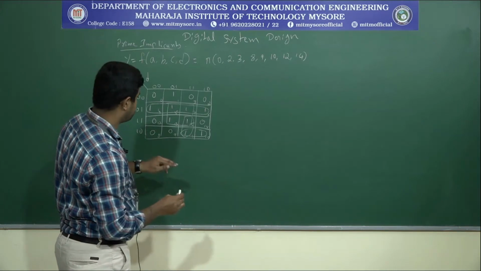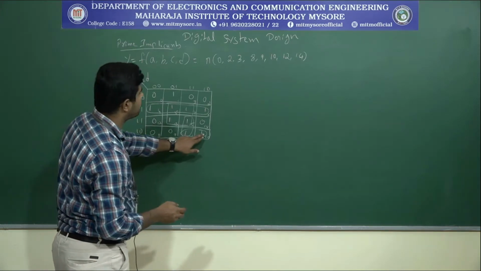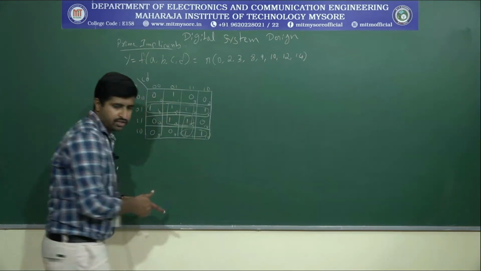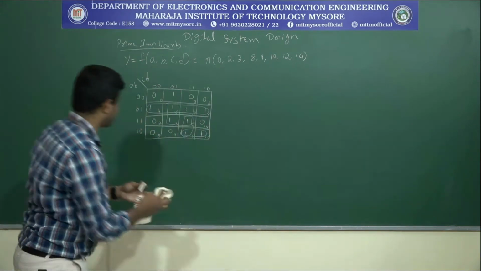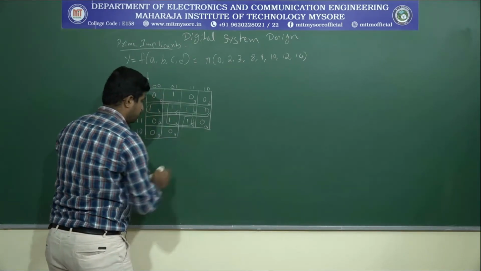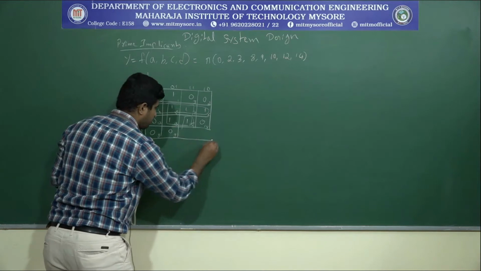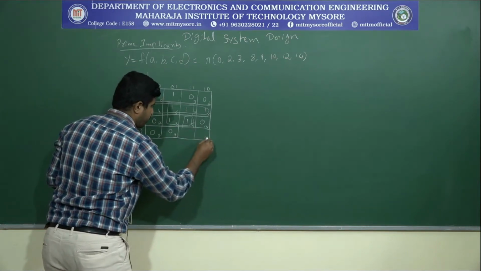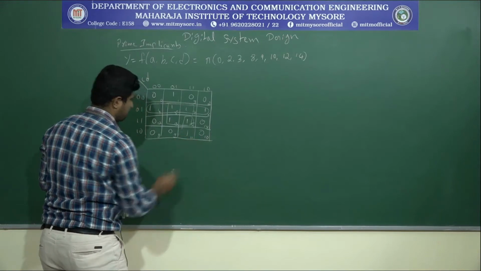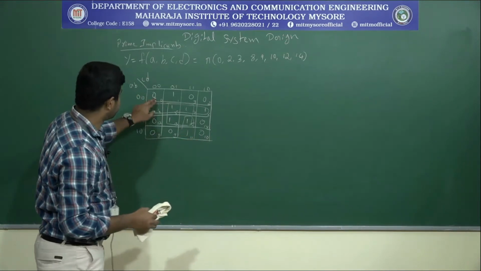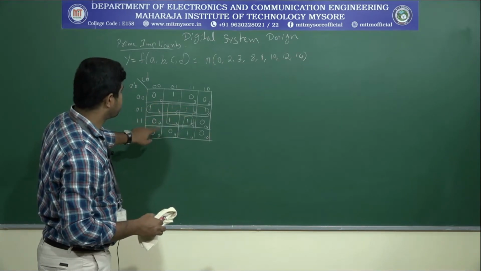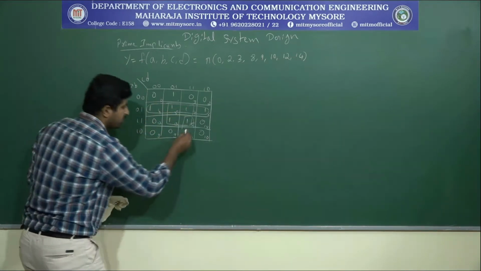Sorry, cell 10 is there, actually 10 should be 0. So this must be 0. Right, 0, 2, 3, yeah, okay, so only this one.